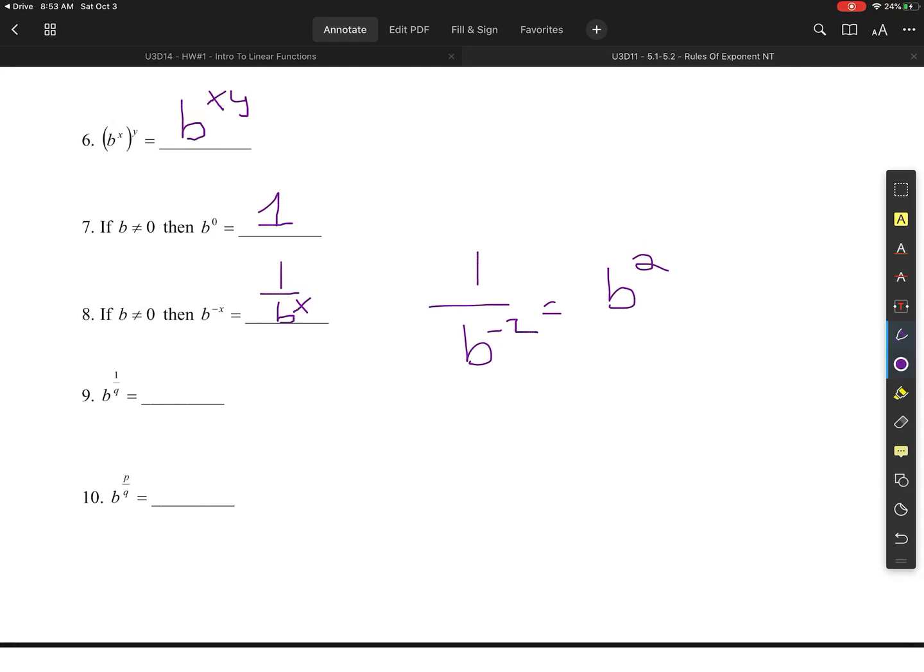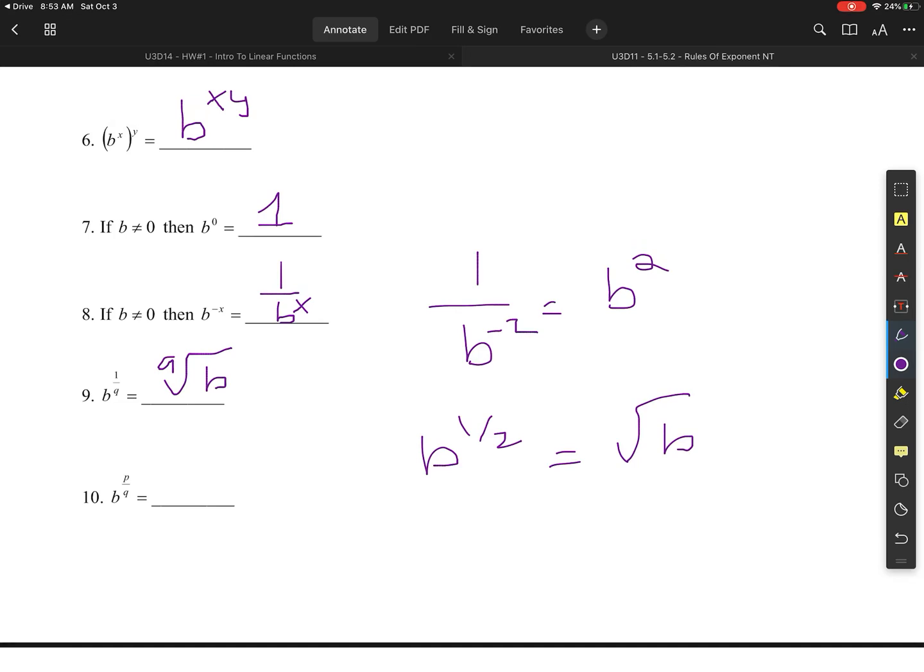All right. If we have a fractional exponent, right, 1 over q. Q is our index. Right, so that's why if we have b to the 1/2 power, that's the exact same thing as the square root of b. Right? If we have a number in the numerator, we can write this one of two ways.